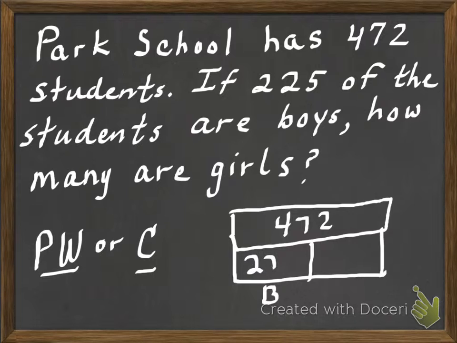That's the 225. And what we don't know is the part that is girls. We're not going to solve it, but if I were to solve it, my number sentence would be 472 minus 225. Let's move on.